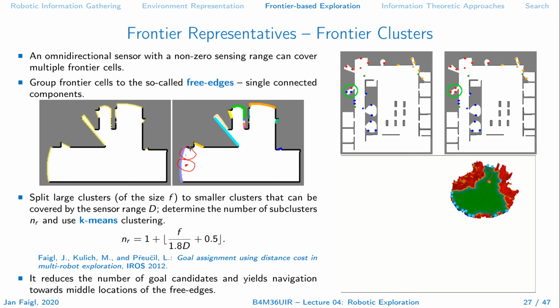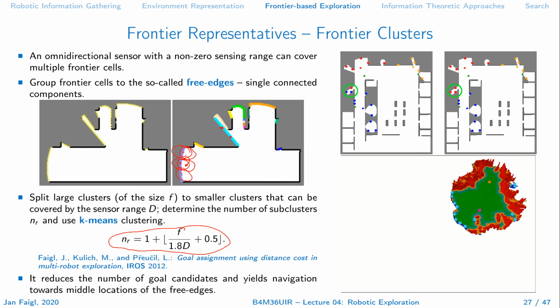So we can probably cover this by putting the laser scanner here. What we need is to determine the number of clusters here. Marek Kulich established this formula empirically, and it provides us the representatives of free edges. So we significantly reduce the number of locations, so we can solve the TSP.